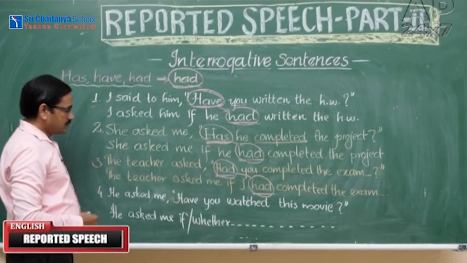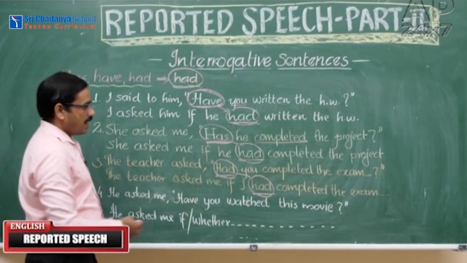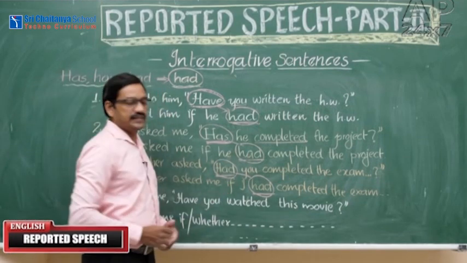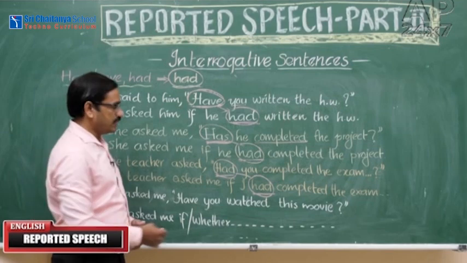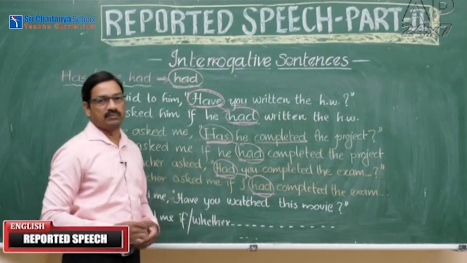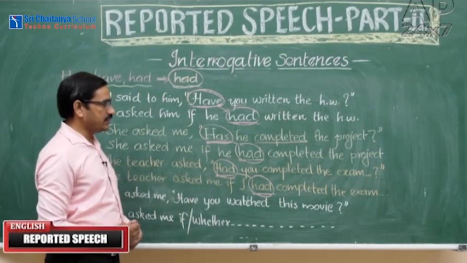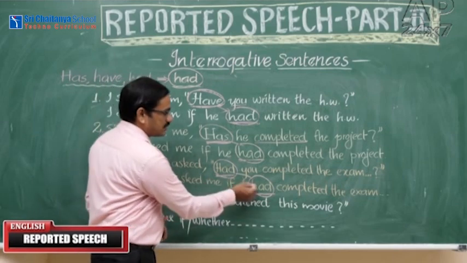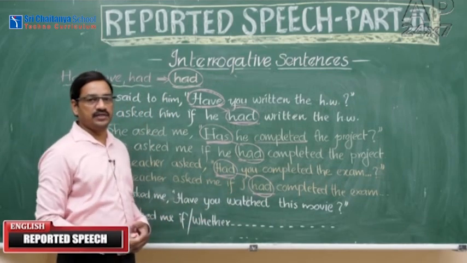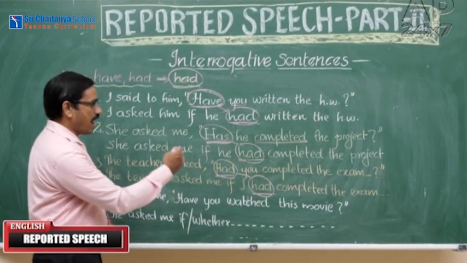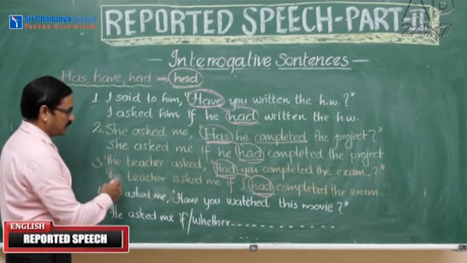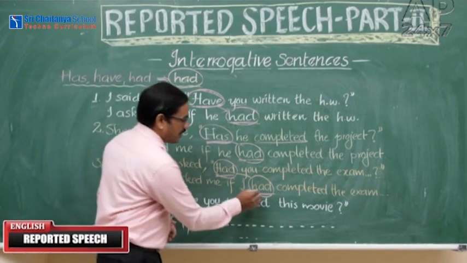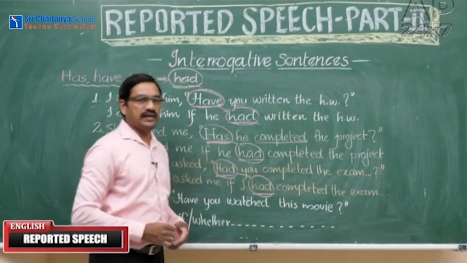Next example, the teacher asked, "Had you completed the exam?" So here this is past perfect form, had you completed the exam. Had doesn't have any other form to change, so it will be repeated. The teacher asked me if I had completed the exam.